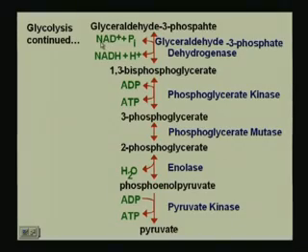Okay. So, this is what you have to remember, where you have glyceraldehyde 3-phosphate that takes up NAD+ and a Pi to form 1,3-bisphosphoglycerate. Then it has to lose the phosphate, as simple as that.